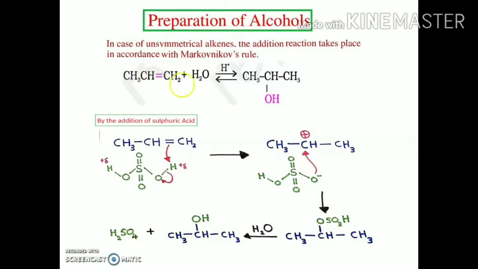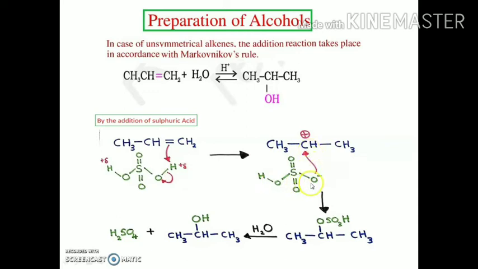You can also prepare the alcohol by the direct addition of sulfuric acid. In sulfuric acid, the hydrogen atoms have a partial positive charge, and the pi electrons get attacked by this H+ ion, making the carbocation.